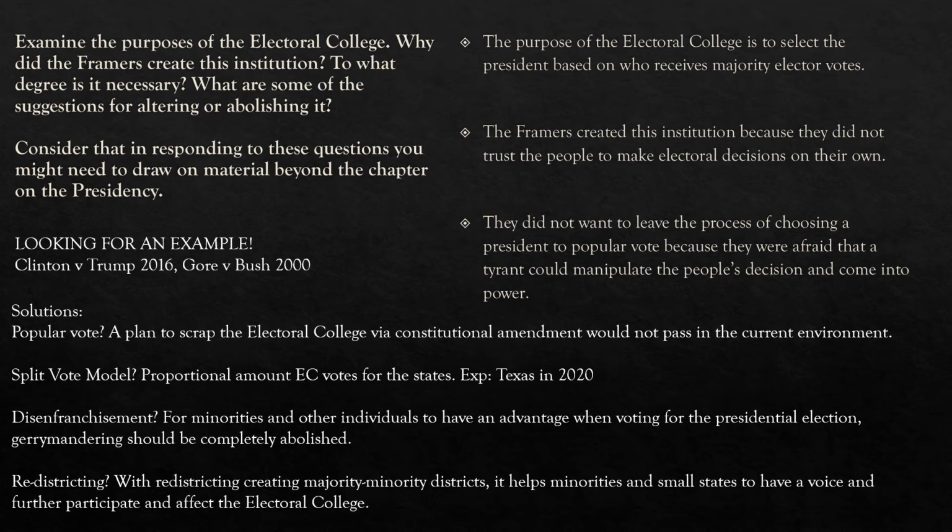There is the split vote model, which is a proportional amount of the electoral college votes for each state going to the candidate who won. I believe Maine does it, and Nebraska, perhaps.